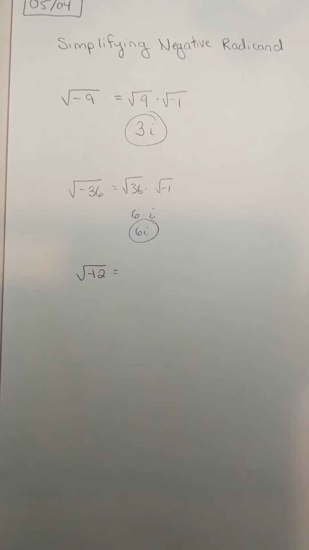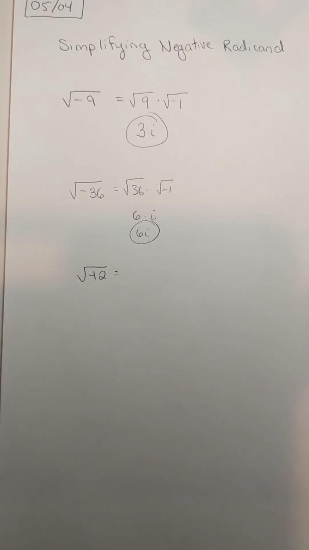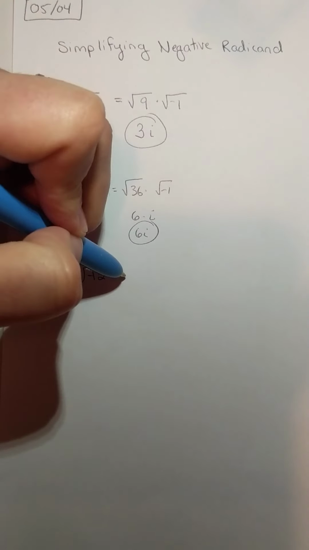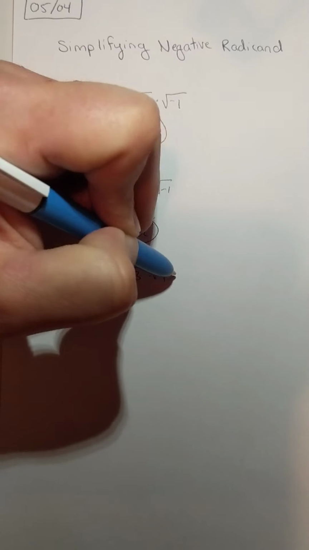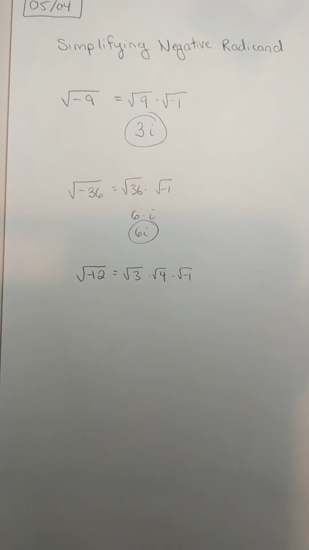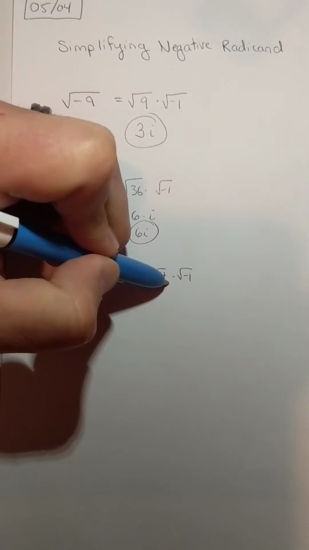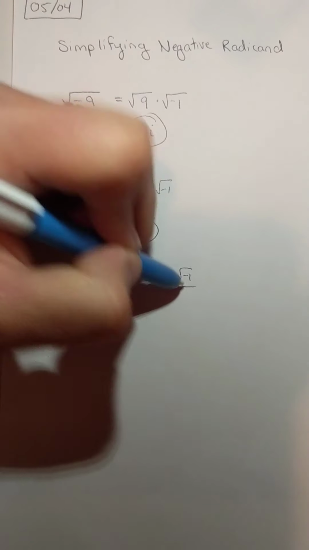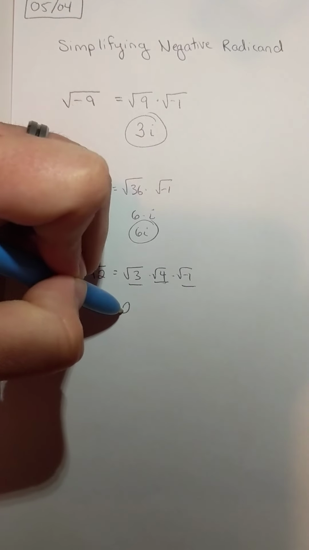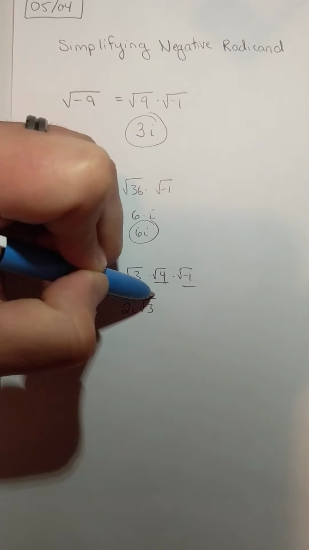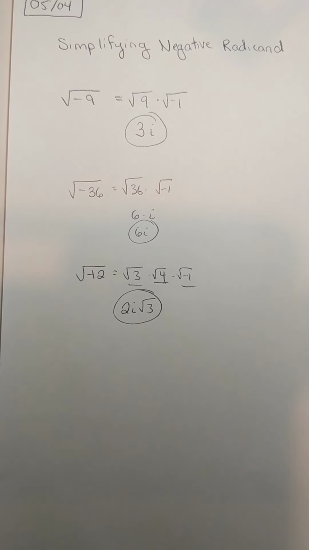So two numbers that multiply to give me negative 12, well, I could do the square root of 3 times the square root of 4, and then times the square root of negative 1. Perfect square, i stays the same. 2i root 3.